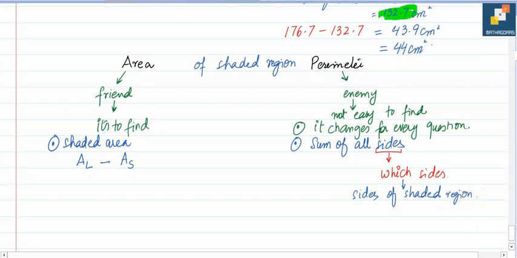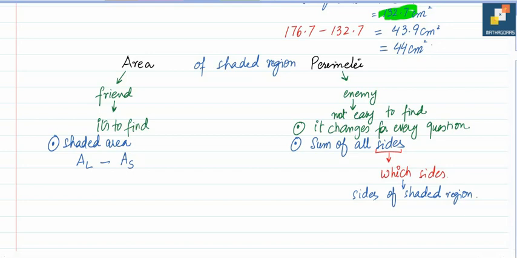That is the shortest and the most effective way to find the perimeter of every question. Perimeter is the sum of all sides, we know that, but which sides we need to pick varies in every question.